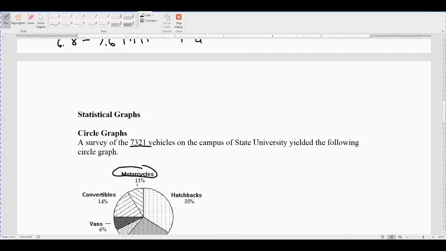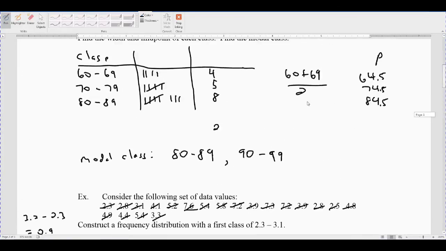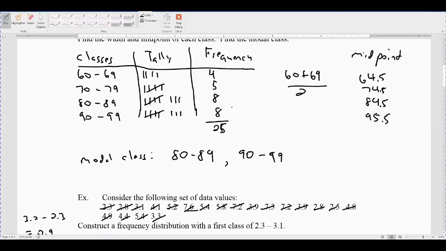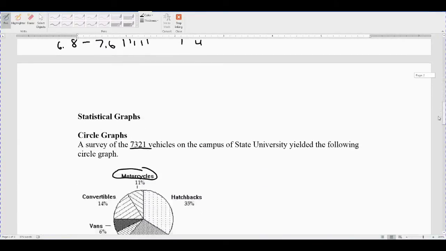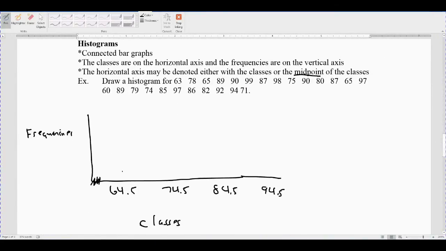And we're going to look up here again and see that the highest frequency is 8. So on my y-axis, I can count my ones or twos. Let's just count my ones since it's so small.